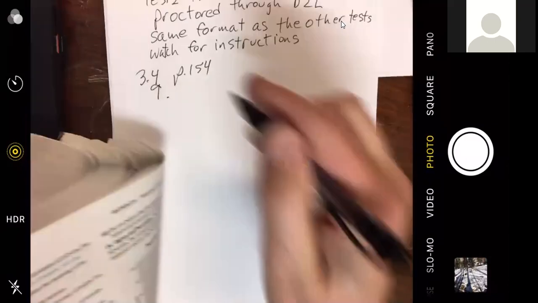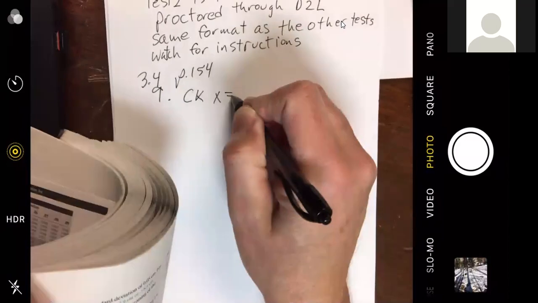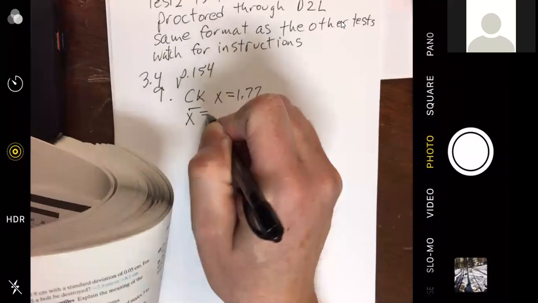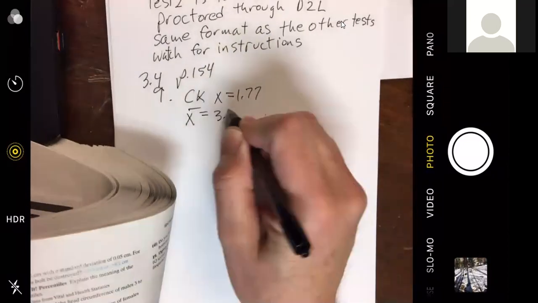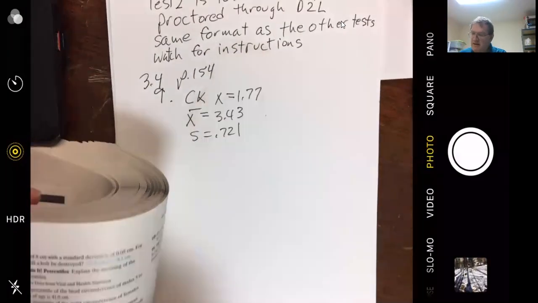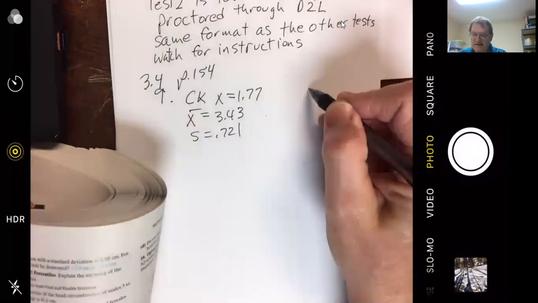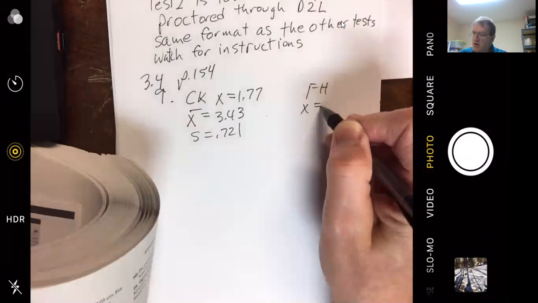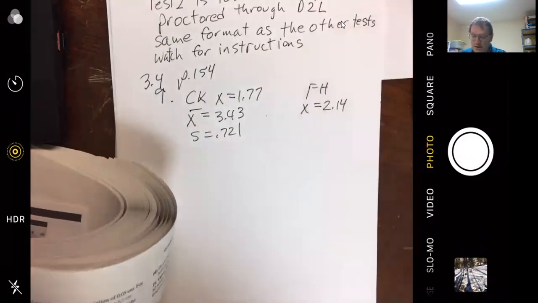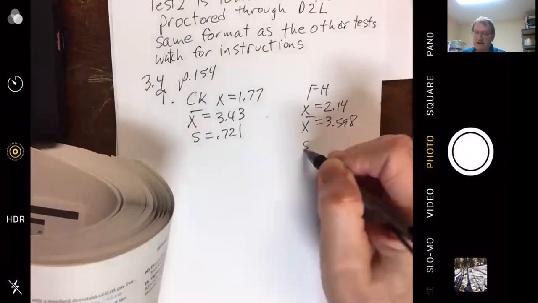So we'll have Clayton Kershaw, and his X was 1.77. The mean for him was 3.43, standard deviation 0.721. That's situation 1. The other guy was Felix Hernandez. His X was 2.14, and the mean there was 3.598, standard deviation of 0.762.